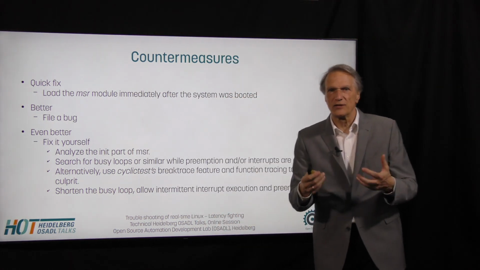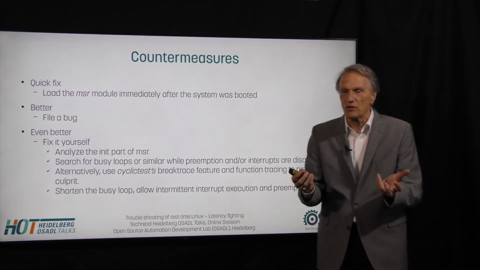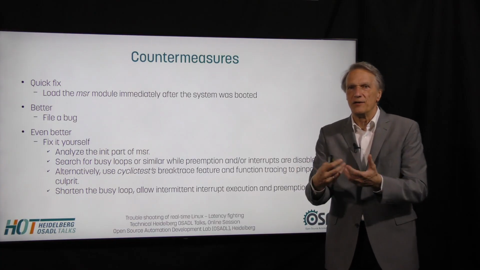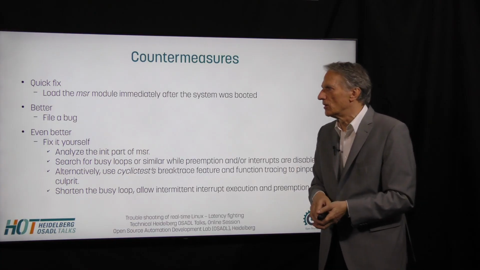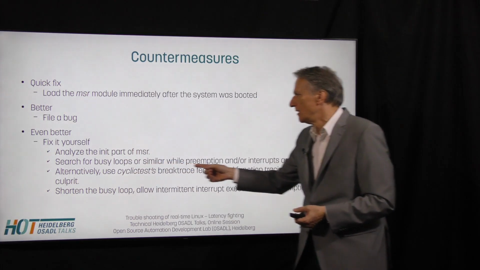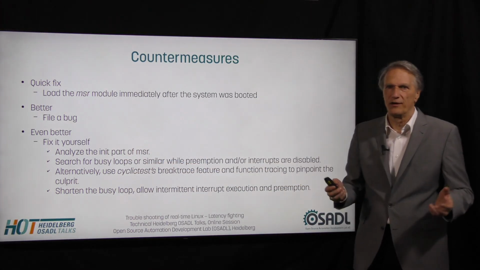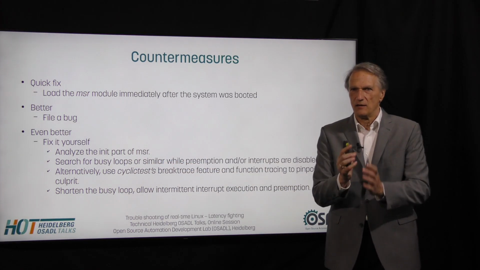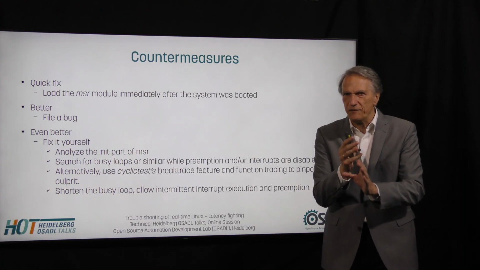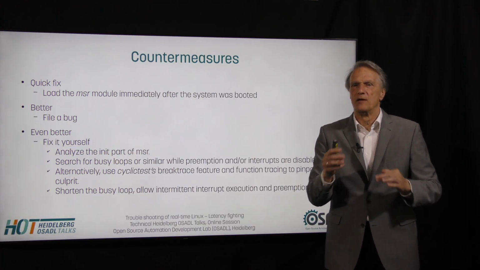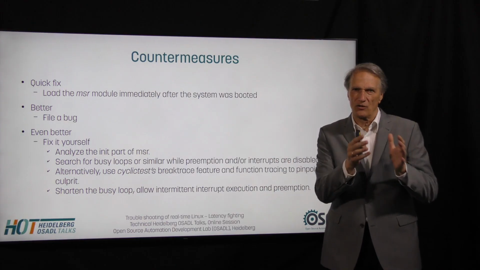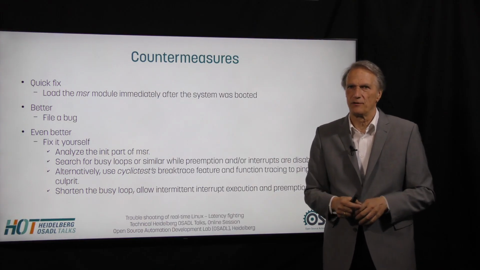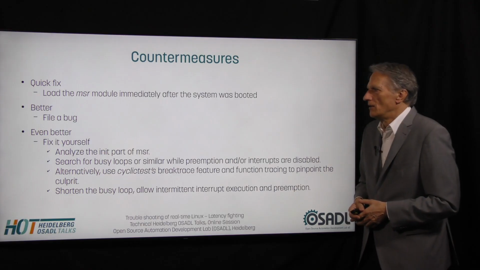Look at the initialization part of the MSR driver. Why is there a need to stop the interrupt so long? We can search for busy loops while preemption or interrupts are disabled, and provide little windows so that the system may need the entire time, but not under the condition of disabled interrupts.